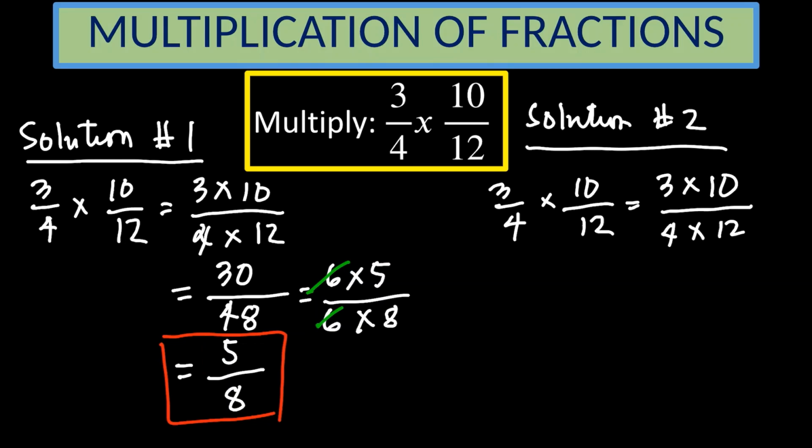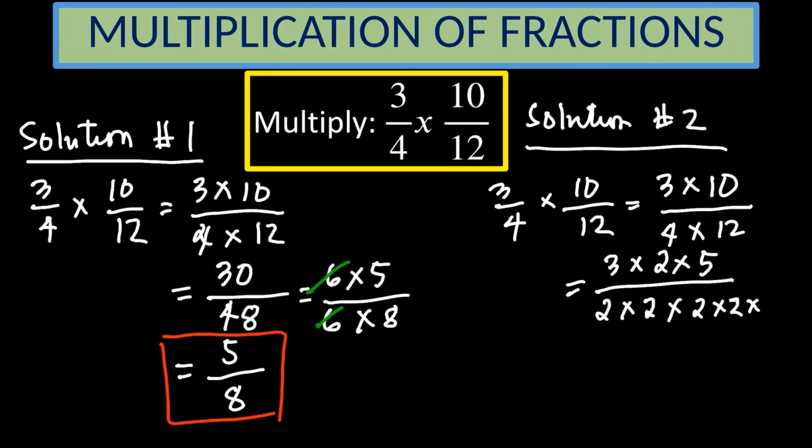This time, let's identify the prime factors of 10, 12, and 4, since 3 is a prime factor already. So 3 times, what are the prime factors of 10? We have 2 times 5. What about for 4? For 4, we have 2 times 2. What about for 12? For 12, we have 2 times 2 times 3.